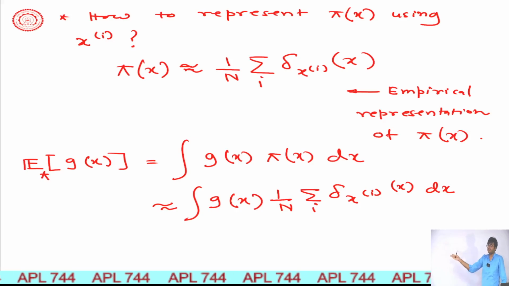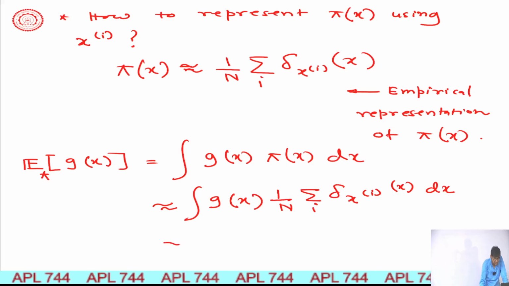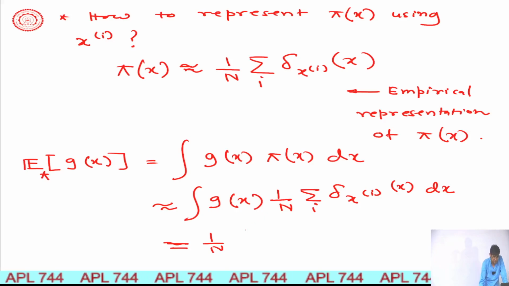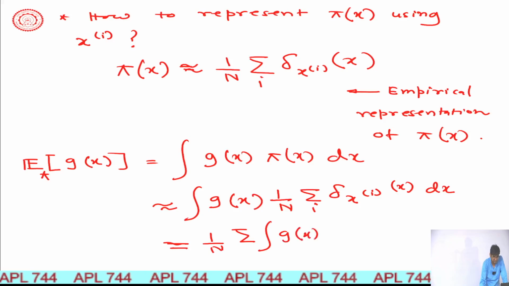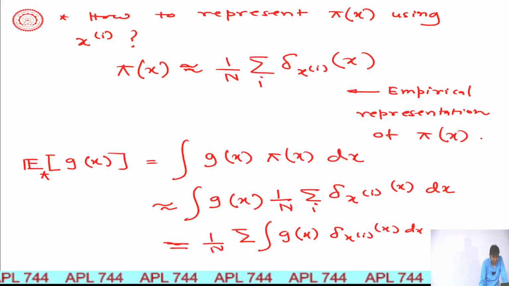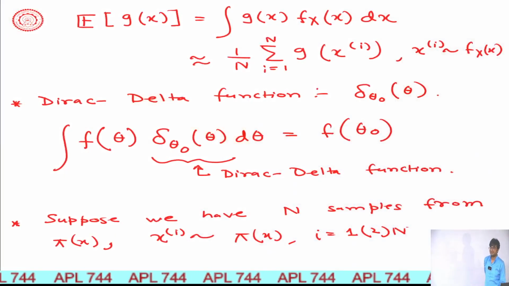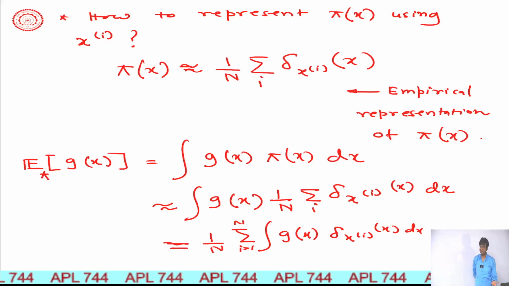The summation and integral will interchange, 1 by n will come outside. This is equal to 1 by n, summation, integration of g of x delta xi of x dx. What is this integration equal to? From the definition of the Dirac delta function, g of xi, that is the definition. So then what do you get? 1 by n summation g of xi.